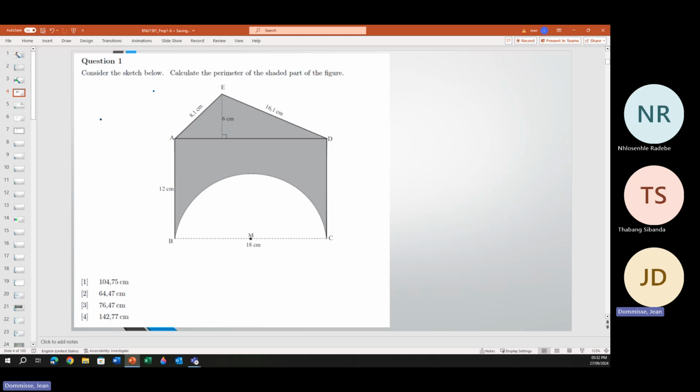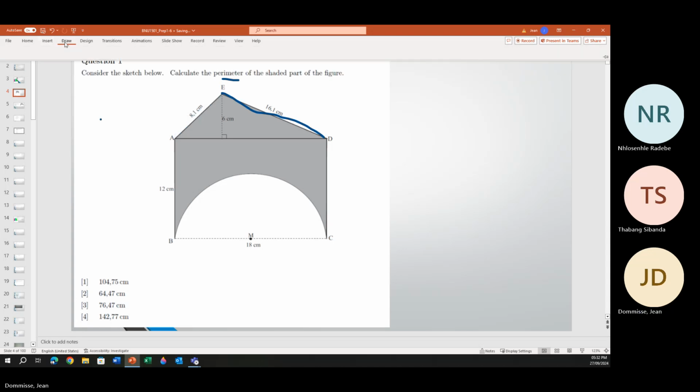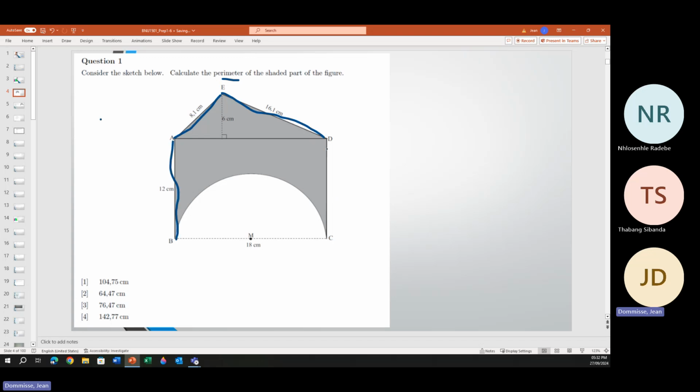So if we look at what we need to calculate the perimeter of a shaded part of a figure, those two components, the length of that we know, so that will be fine. We know what this length is. We will know what this length is, so that will also be 12 centimeters.